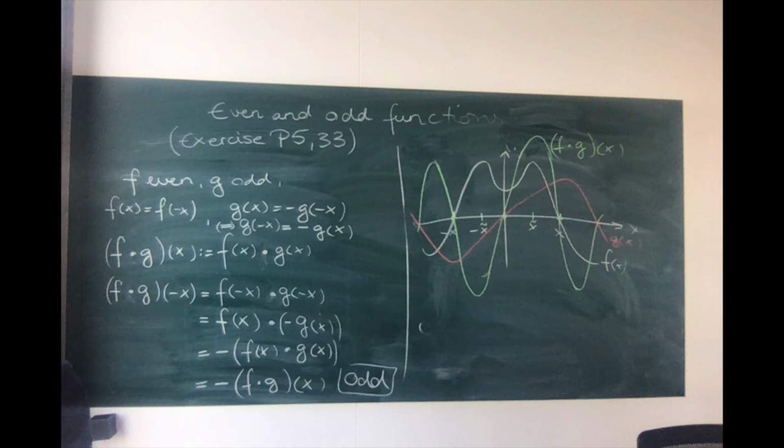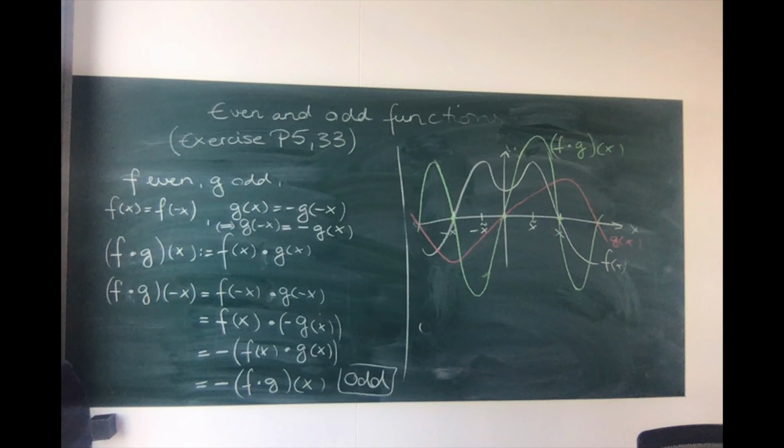Now I take the minus out, because then I see that this is the same as minus f of x times g of x. And going backwards, using the definition again that this is the same as the f times g function, I have minus f times g of x.